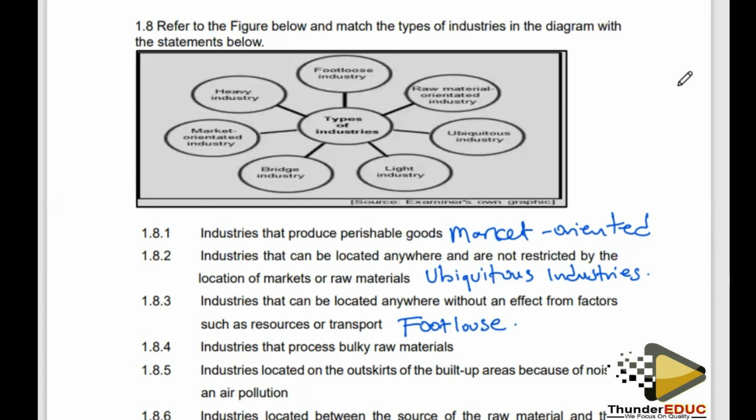Like the telecommunication companies, you can talk about software companies. So they are found anywhere, but they are not worried about transport because in most cases they don't deal directly with clients. They can use online to sell their products or services.